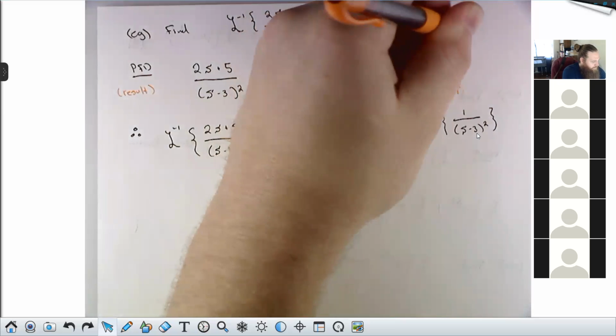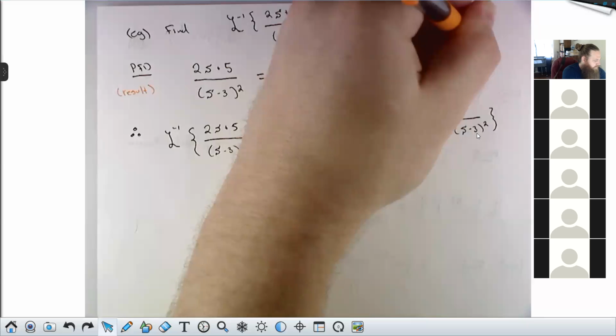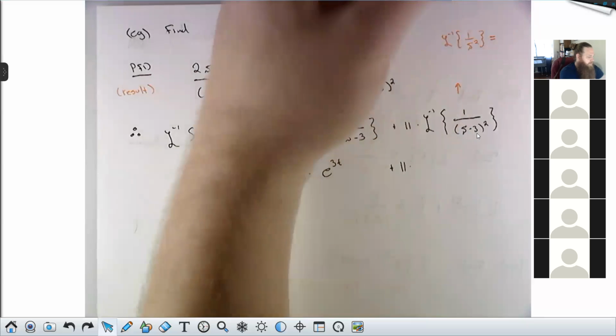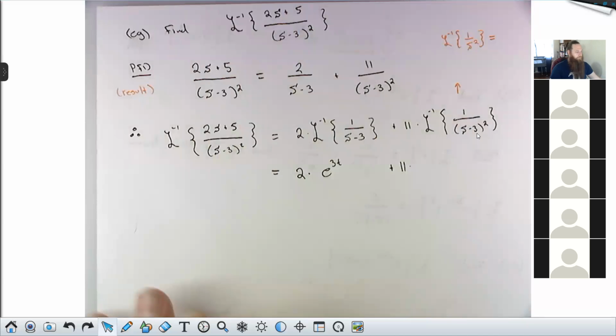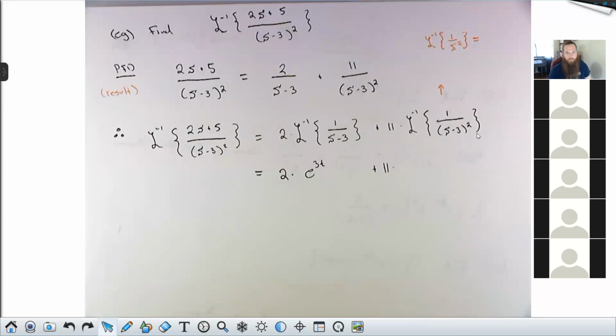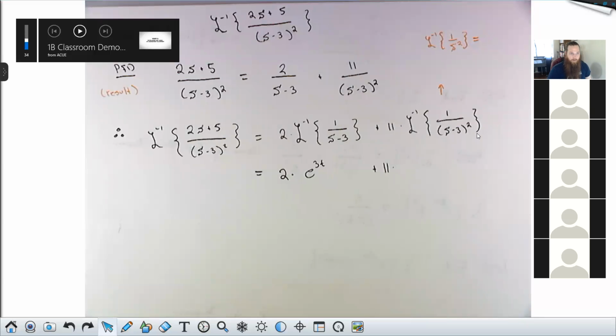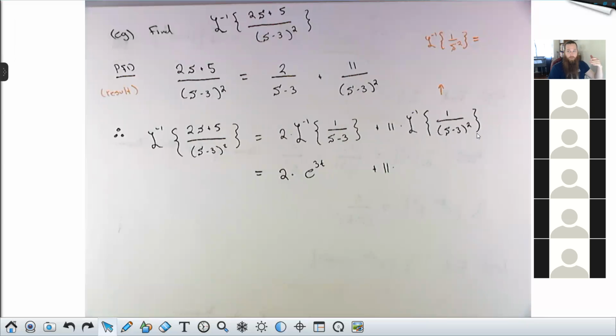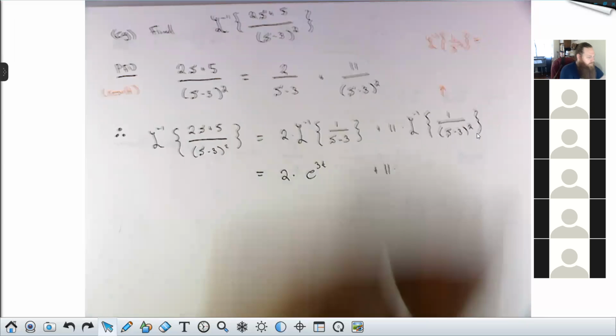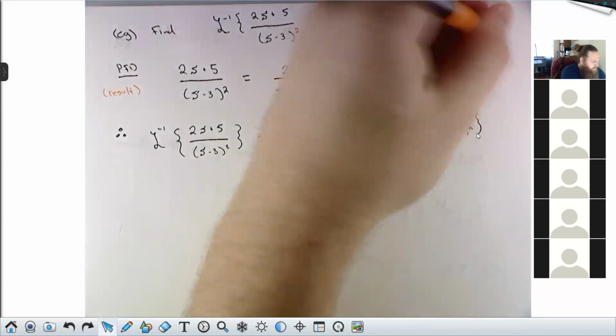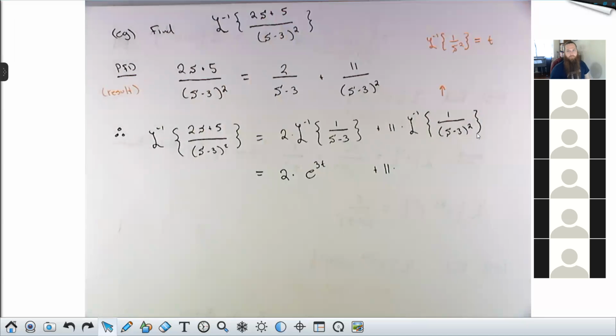What's the inverse Laplace transform of 1 over s squared on its own? That's t. I heard it. Yeah, t, right? The Laplace transform of t to the 1 would be 1 factorial over s squared. So the inverse Laplace transform of 1 over s squared is just t.